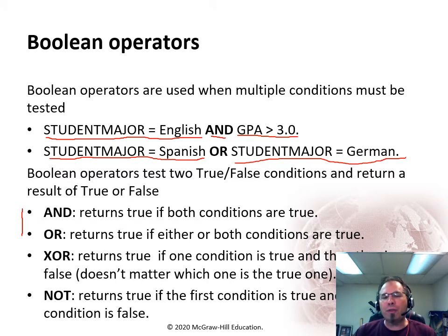And the more you do this, you'll realize, if you look at these down here, for the and, it says returns true if both conditions are true. And the or says returns true if either or both are true. Now I'm honing in on these two because the XOR and the NOT are very specific for very few applications. So the and, if you read that, both conditions are true.